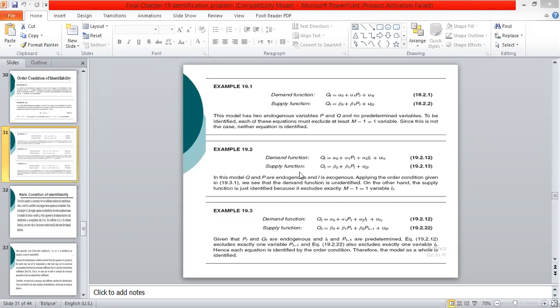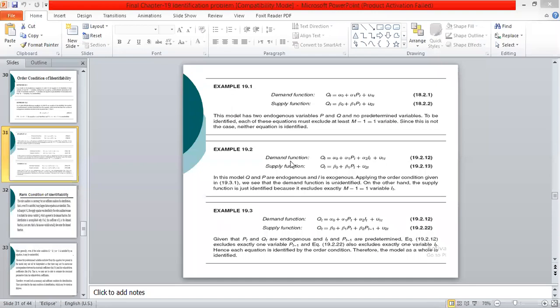Is it greater than or equal to m minus 1, where m is 2, so 2 minus 1? So 0 greater than or equal to 1 does not hold. So equation 1 is unidentified. The demand function is unidentified. So look at the supply function.